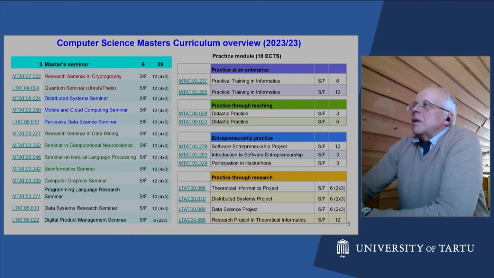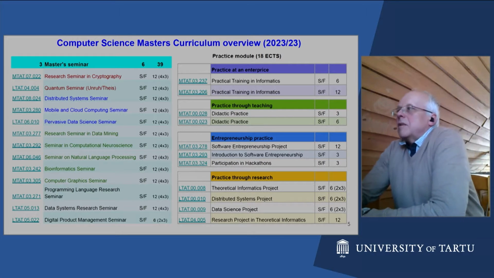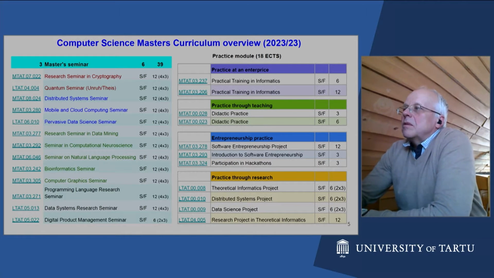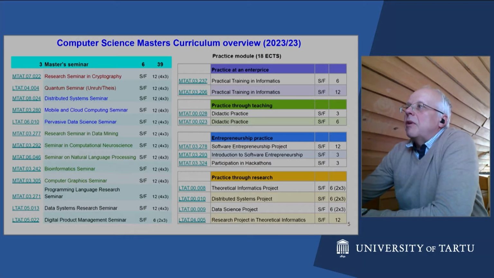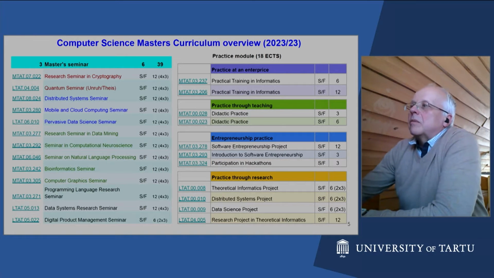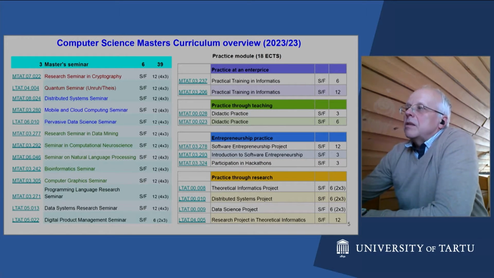Now, the master seminar is actually 6 credits. You have to choose from different research groups in our institute, and each of those different colors corresponds to different research groups here, whether it is theoretical computer science or quantum computing research group, or distributed systems research group with blue here, or artificial intelligence.